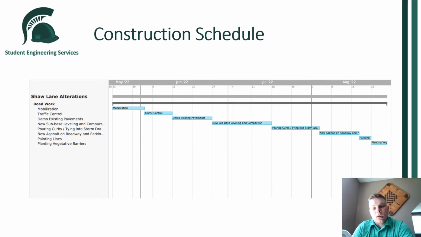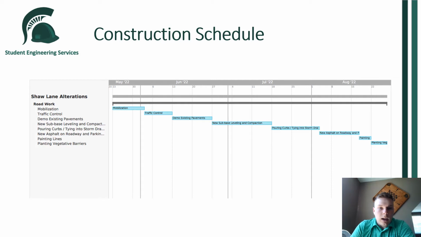We don't have to close down half of the road, do it, close down the other half of the road and do it. So this setup will allow us to complete it in one summer or one road construction season, and to be done before school starts in the fall and after school ends in the spring.